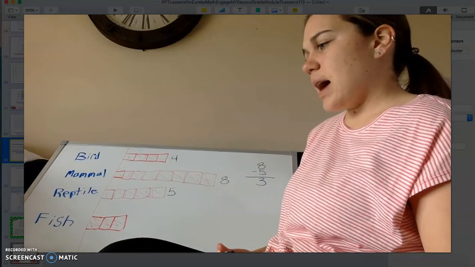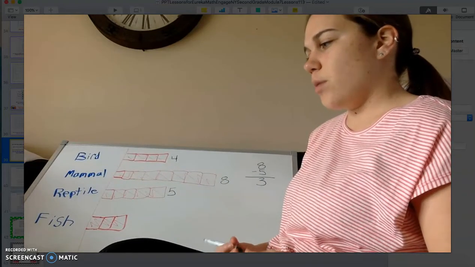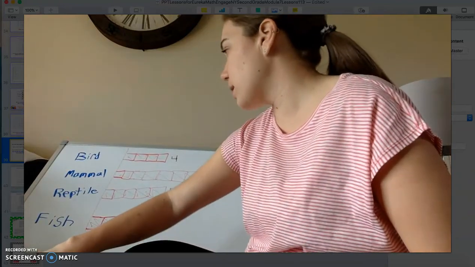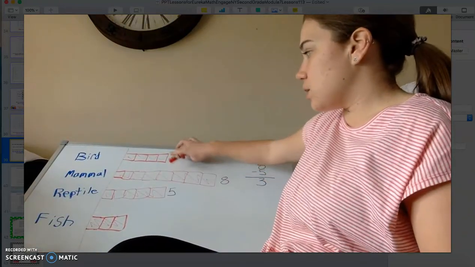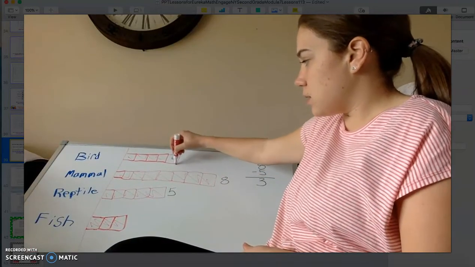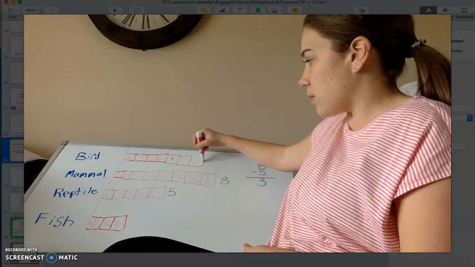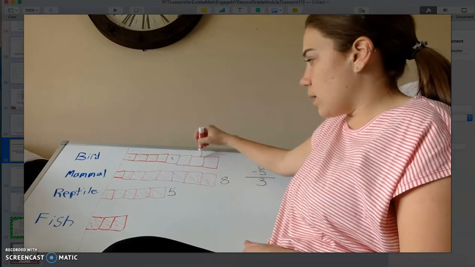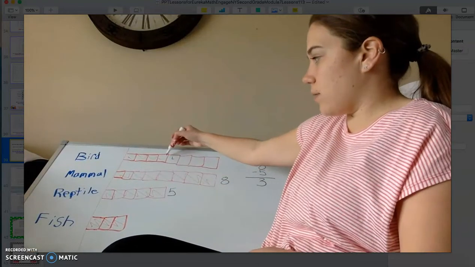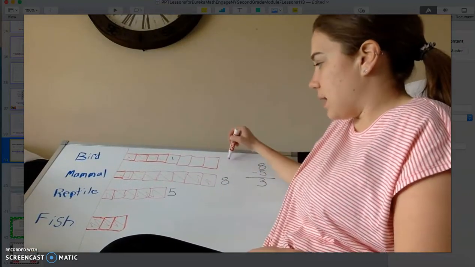And then it asks, how would the graph change if we added 4 more birds to the bird category? There's already 4 here, so now I'm going to add 4 more. So 1, 2, 3, 4. Now let's see how many there are. 1, 2, 3, 4, 5, 6, 7, 8.